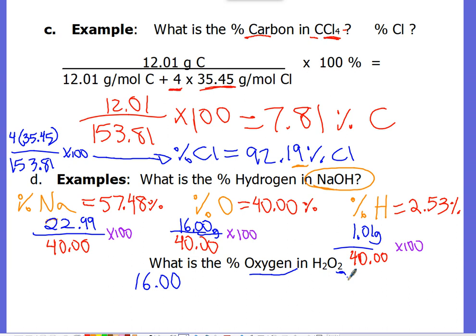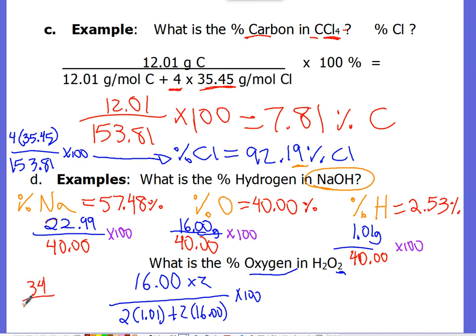By 2. There's 2 oxygens. I have to multiply it by 2. And then it's divided by all of the pieces. The 2 hydrogens and the 2 oxygens. And we multiply that by 100. So that's 34 over 30. Hey, that's already wrong. That's what happens when you try to use your brain instead of a calculator. 32 over 34.02 times 100.